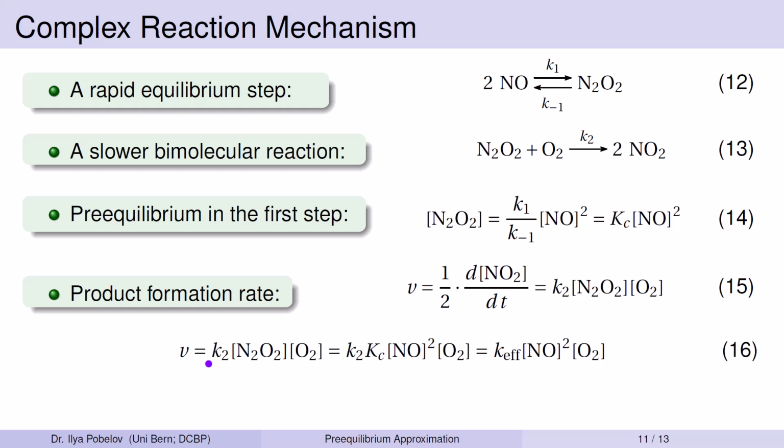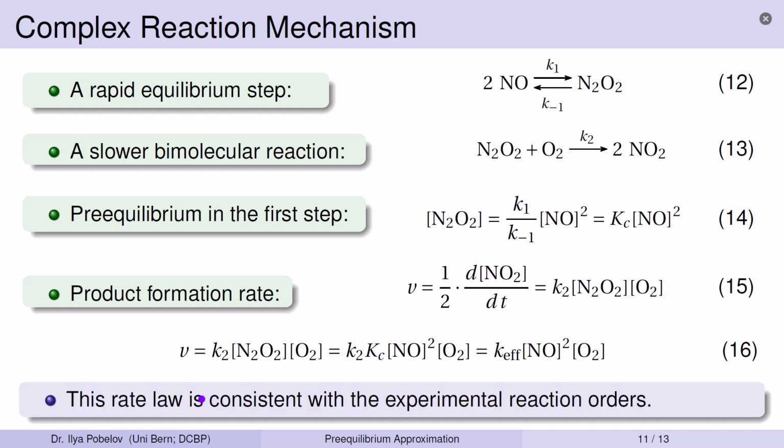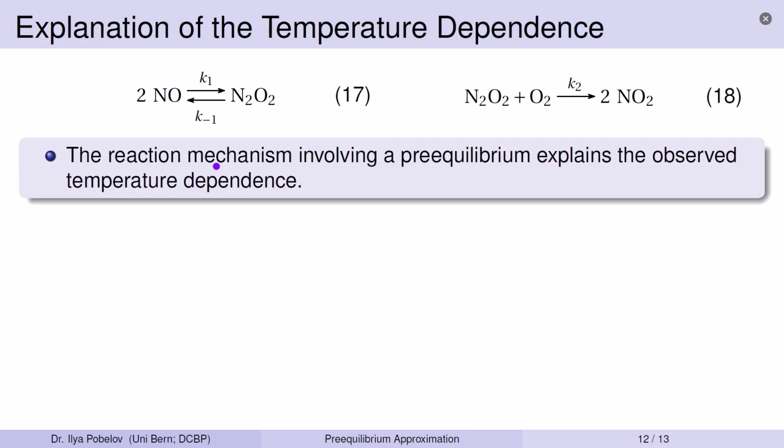Substituting the expression for the concentration of N2O2 into the rate equation, we get the reaction rate equal to the product of the effective rate constant, the concentration of NO squared, and the concentration of O2. This rate law is consistent with the experimental reaction orders, second order in NO and first order in O2. Moreover, the reaction mechanism involving a pre-equilibrium explains the observed temperature dependence.